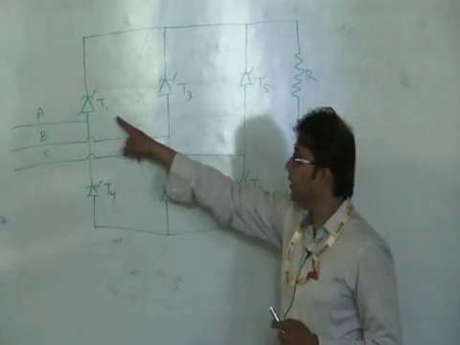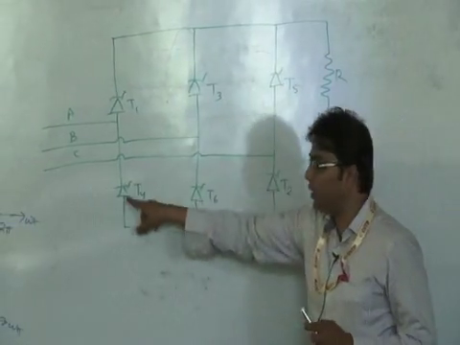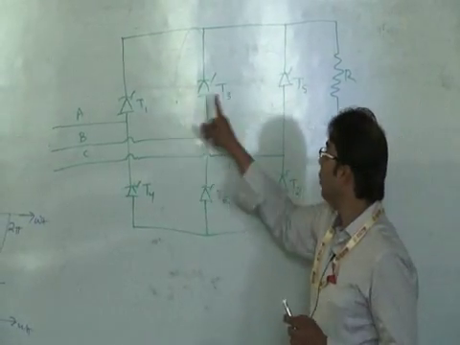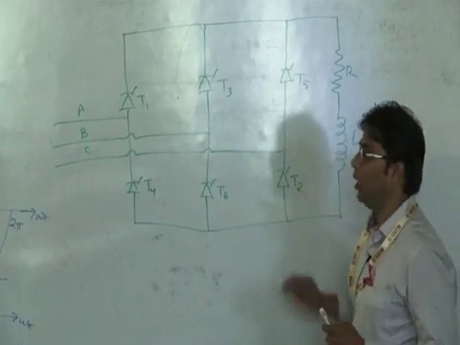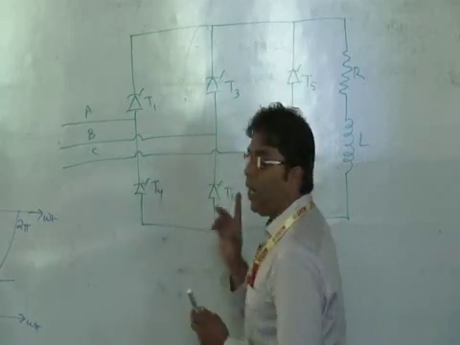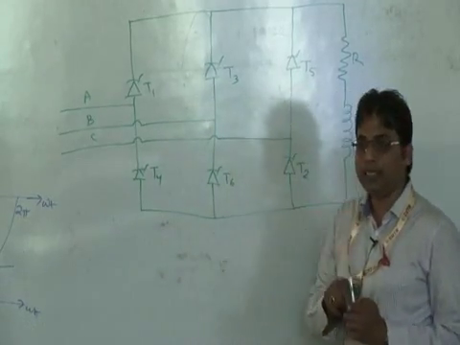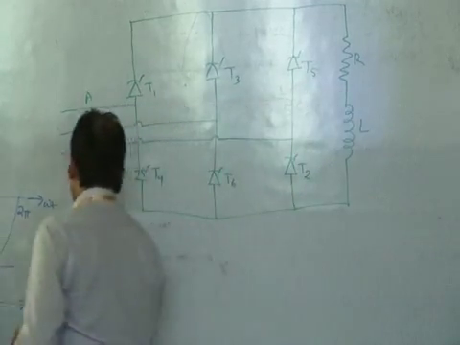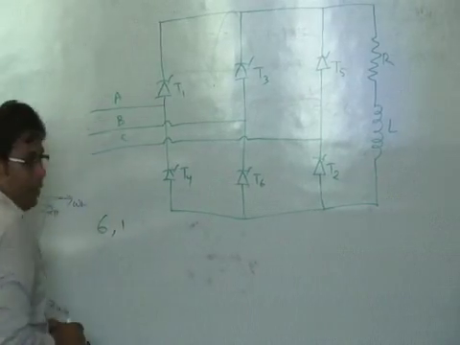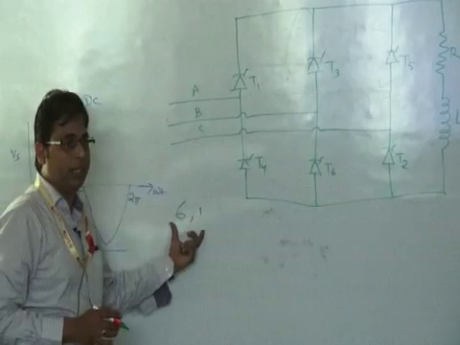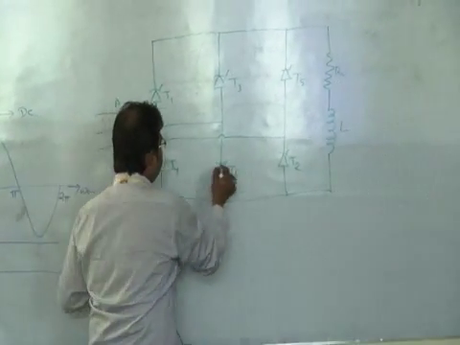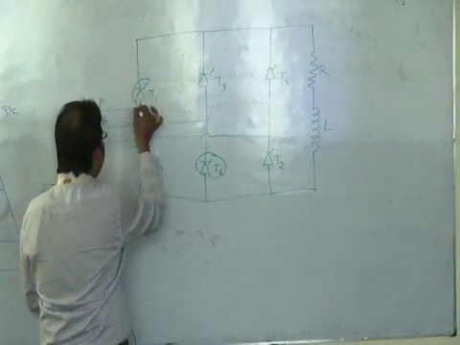These are the upper half and these are the lower half: T1, T3, T5, T4, T6 and T2. Now, when one pair is conducting, let us first assume 6 and 1 are conducting. So T6 here and T1 here.